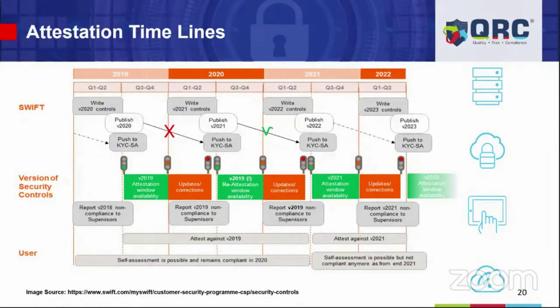You probably have to check the SWIFT guidelines, what they are saying, because due to this pandemic situation they are actually changing the timelines also. They are giving some relaxations, so probably you have to check back with them. But yes, CSCF is a very important framework to attest, whether internally or externally. Always make sure an independent assessment happens.